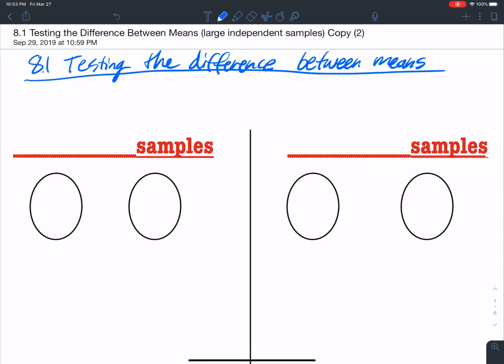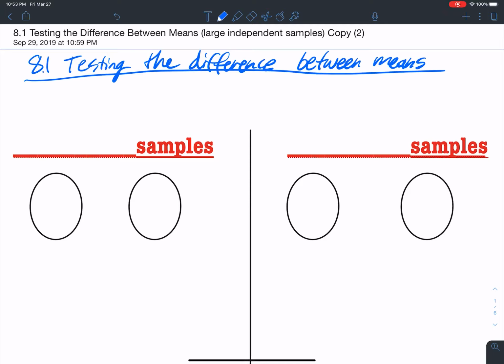Chapter 8, instead of just looking at one sample from one population, we're going to be taking a sample from one population and comparing it with a sample from another population. Okay? So when we're comparing samples, one thing we've got to think about are independent versus dependent samples. So those words are coming back for us.